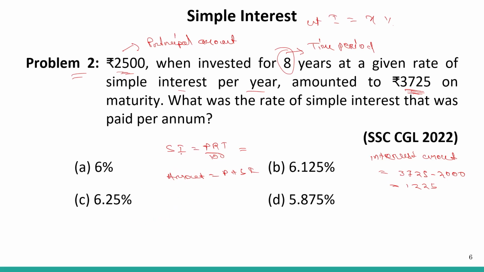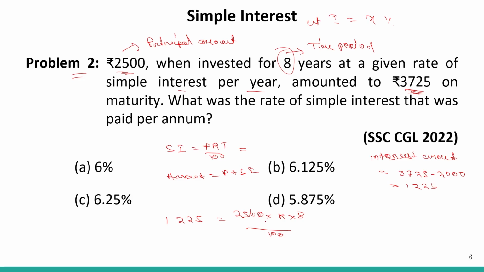Given that SI is equal to 1225, so this much is equal to PRT. P is 2500 into R, which is not given, so let it be R, and T is equal to 8, all by 100.